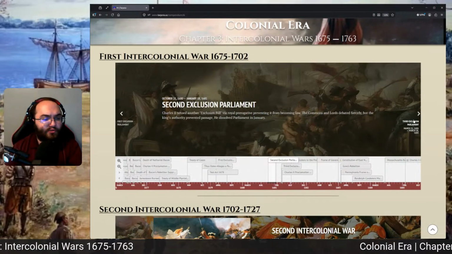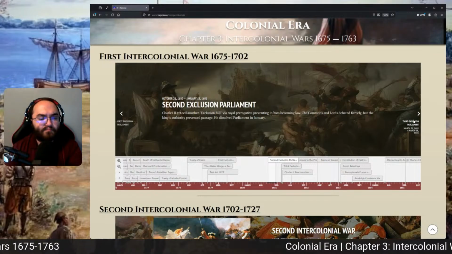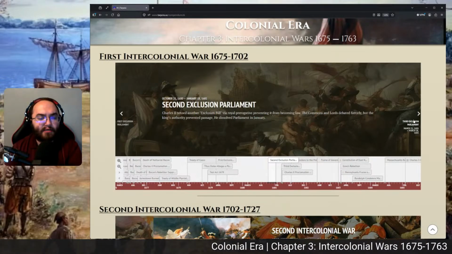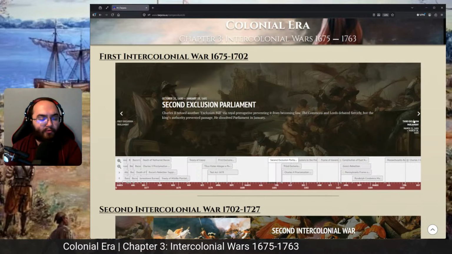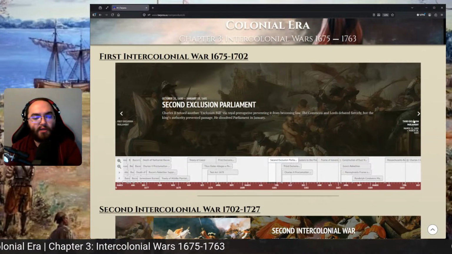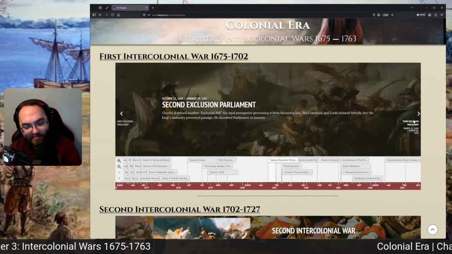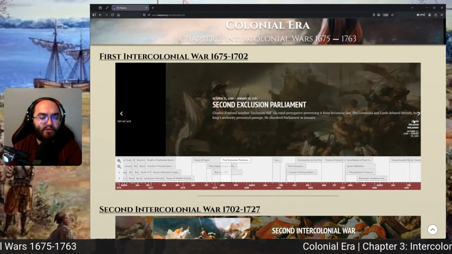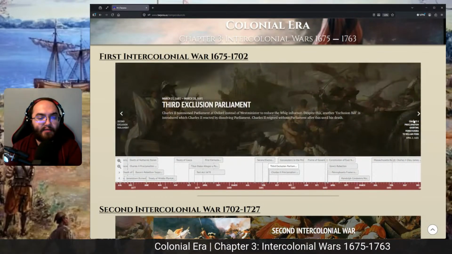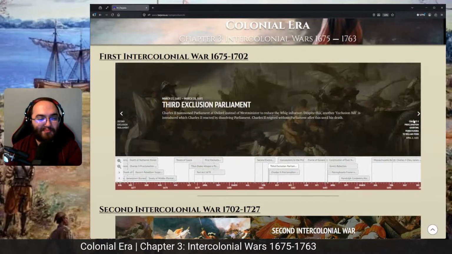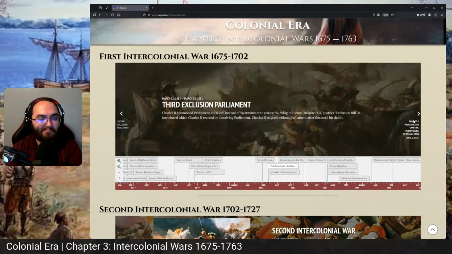You have the second exclusion parliament, which passed the exclusion bill, yet another attempt to exclude James II from being heir, and Charles II will veto both of these bills. And you have a third exclusion parliament shortly after.